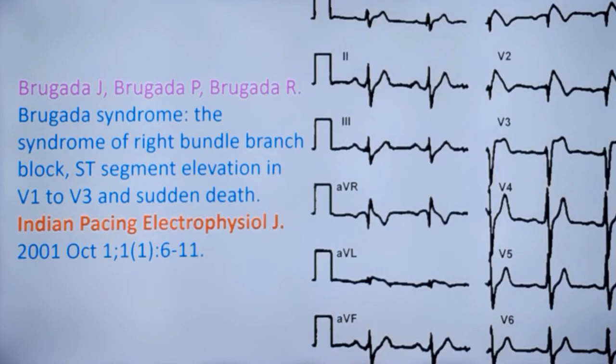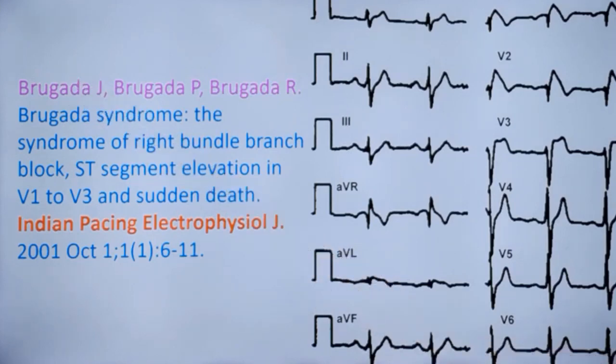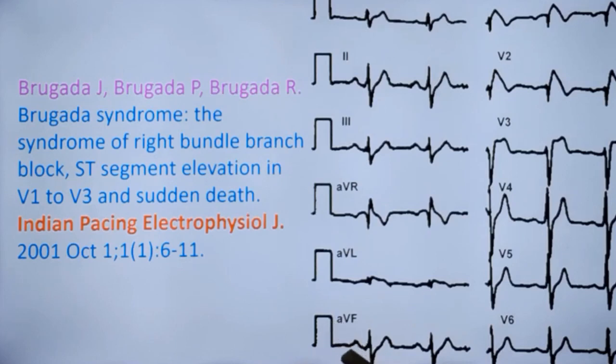I'm always happy to see this ECG of Brugada syndrome sent to me by Professor Josep Brugada in 2001 for the inaugural issue of the Indian Pacing and Electrophysiology journal, which I started in 2001.